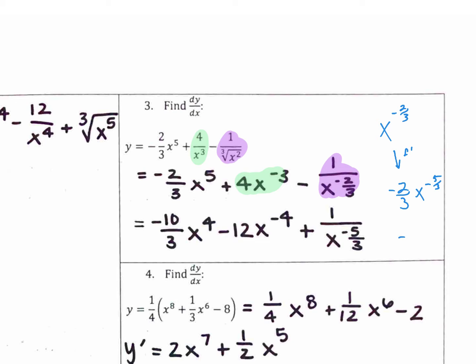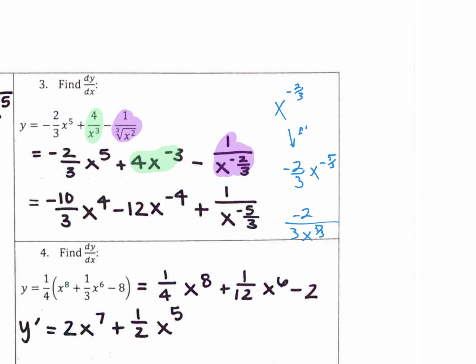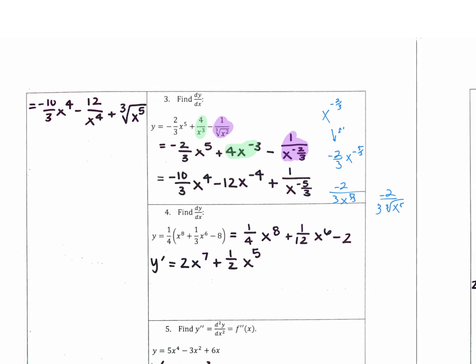And that would be negative 2 over 3x to the 5/3, which is negative 2 over 3 times the 3rd root of x to the 5th. So, little whoopsie-daisy, little oversight. It happens to the best of us. There we go.